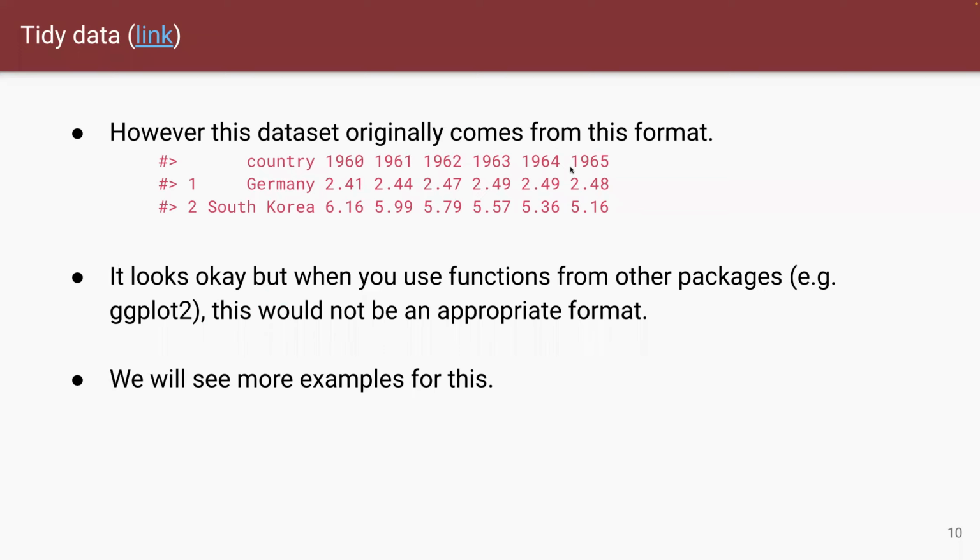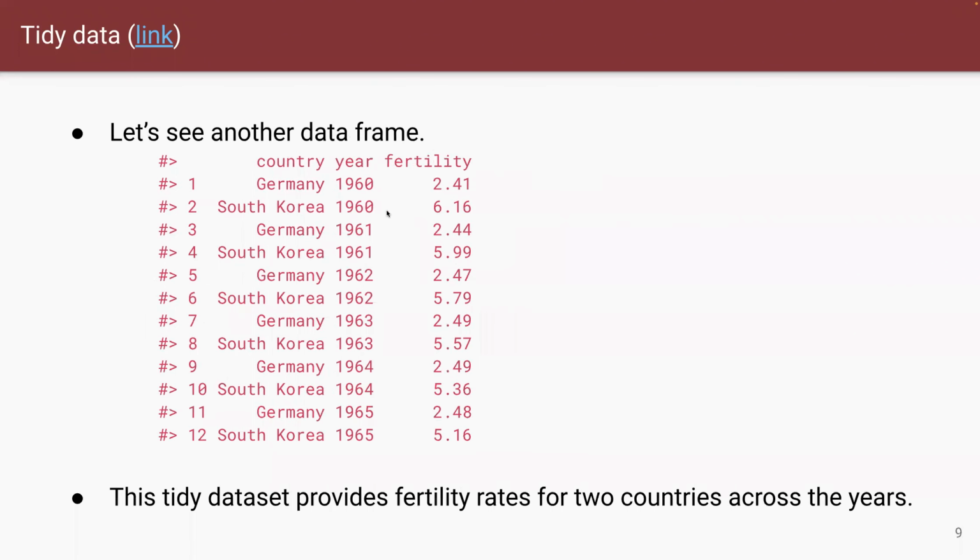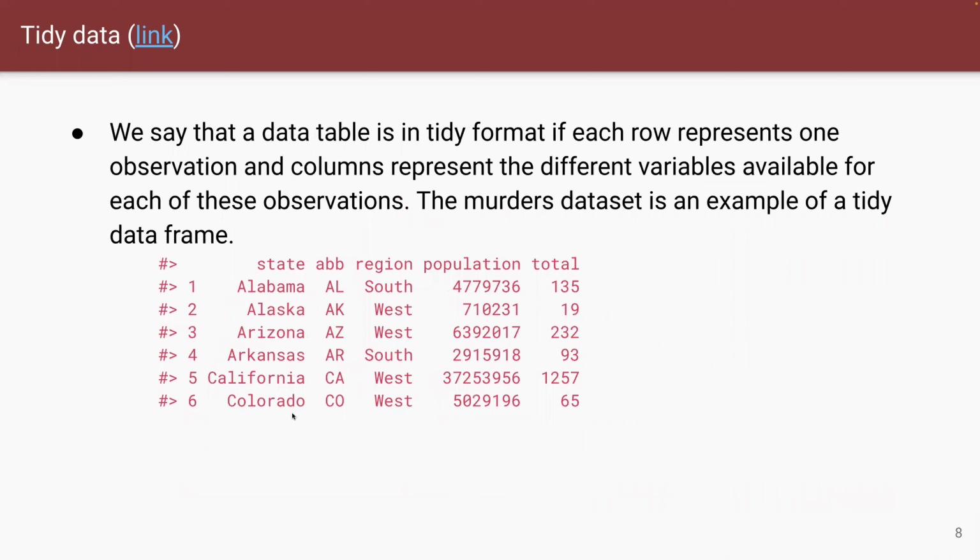This is a very human-readable format we normally use for data analysis, but this is not the tidy data type. The tidy data type is like these three columns and a long list of rows, right? And this is a similar format to what we see in the models data frame as well.